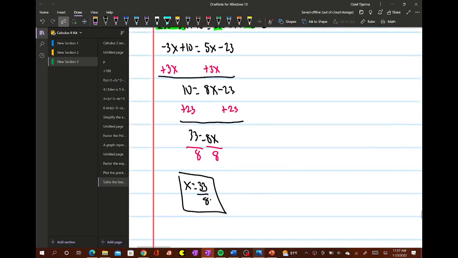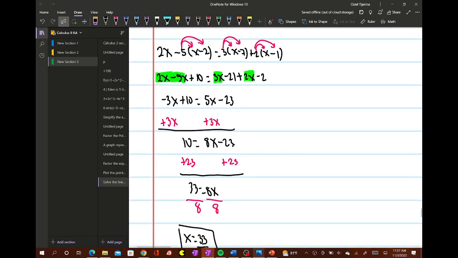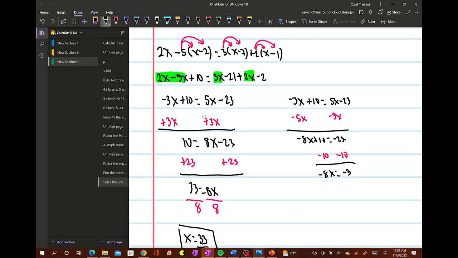This one, I could have subtracted 5x. So if I would have done that, negative 3x plus 10 equals 5x minus 23, I could have subtracted 5x and gotten negative 8x plus 10 equals negative 23, and then subtracted 10, and then you get negative 8x equals negative 33, and then divide both sides by negative 8, and you would have still gotten the same answer, x equals 33 over 8, right?